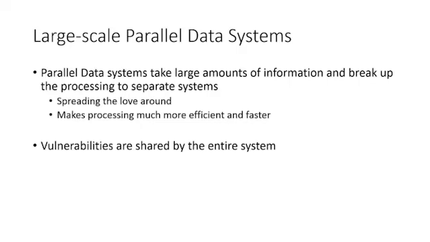Now we also have large-scale parallel data systems. Now these take large amounts of information, kind of like what we've been talking about, but they break it up. They break up the processing of this information to separate systems. They're like spreading the love around, right? I've got a big task to do, but if I can get some help, and you can help, and they can help, and you can help, we can do it faster, right?